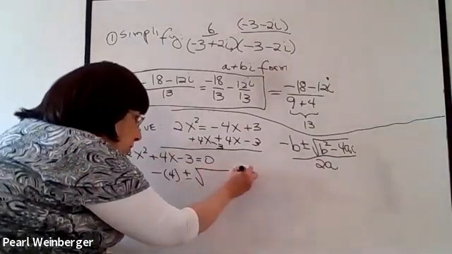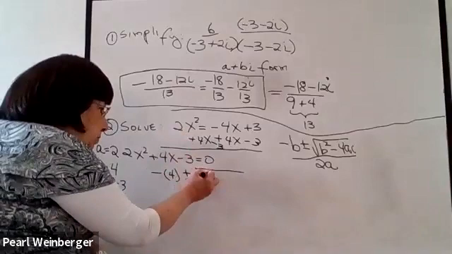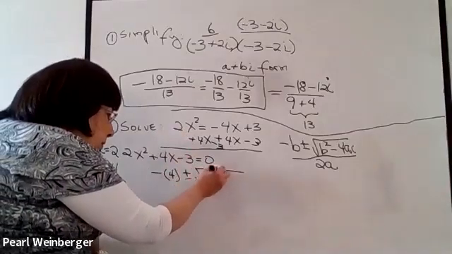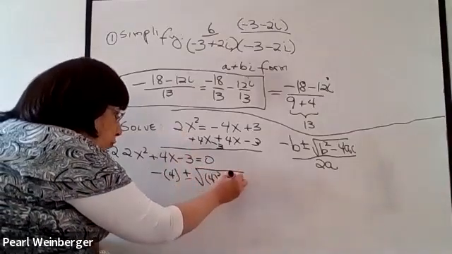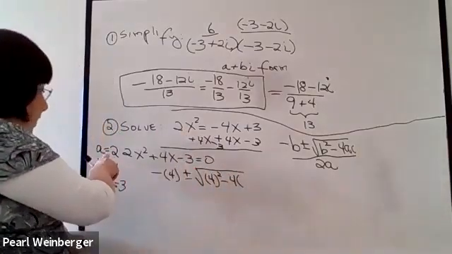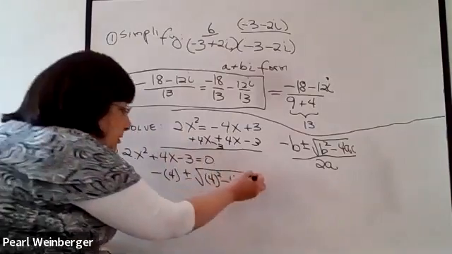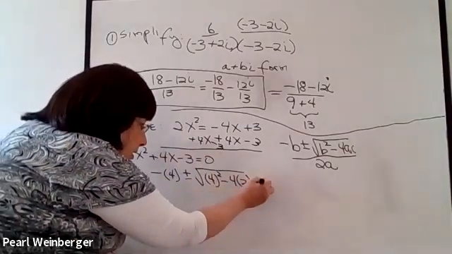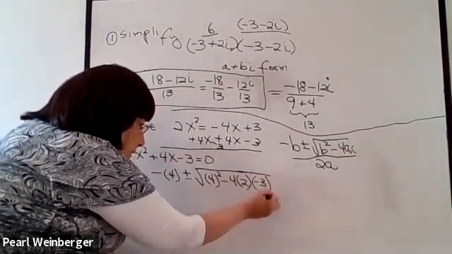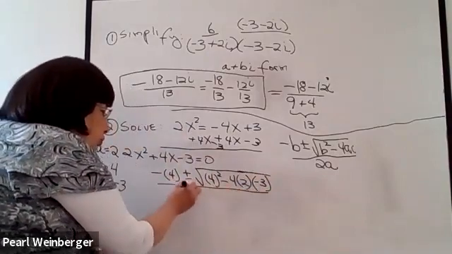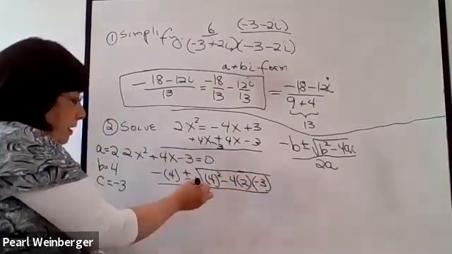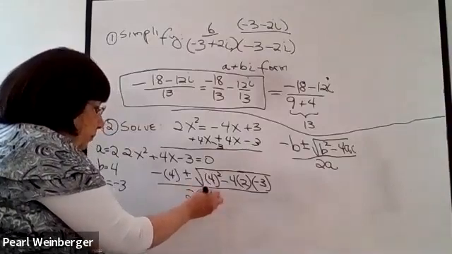And here's my square root. It's b squared, so it's 4 squared, minus 4. Now my a is 2 and my c is negative 3. And that's all over 2 times a, which is 2 times 2.